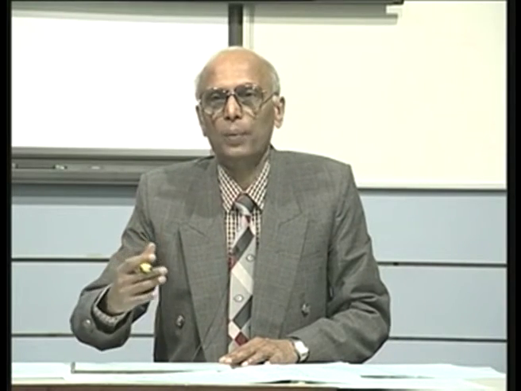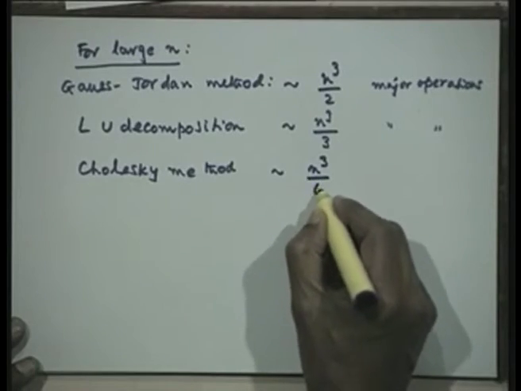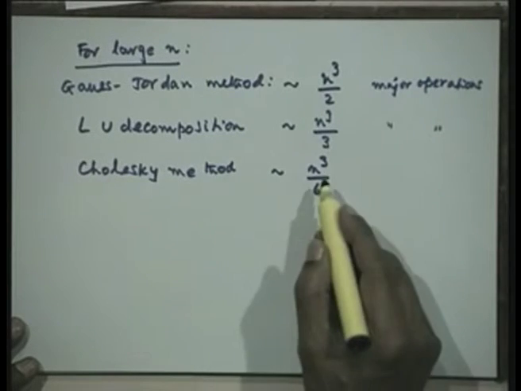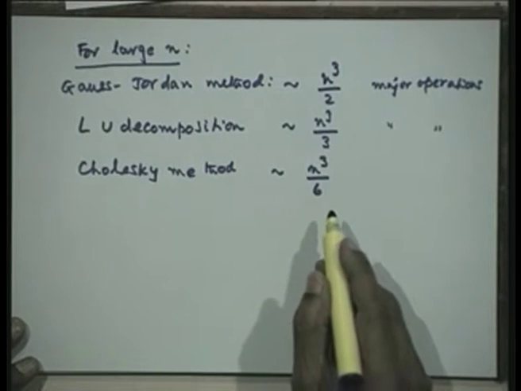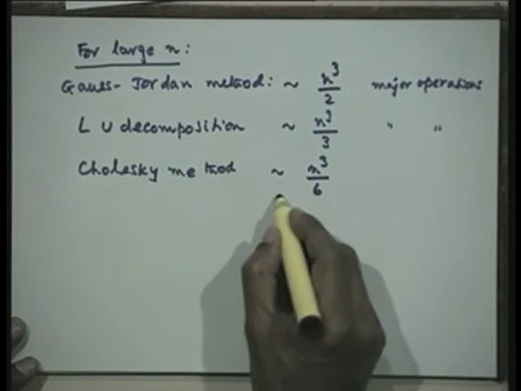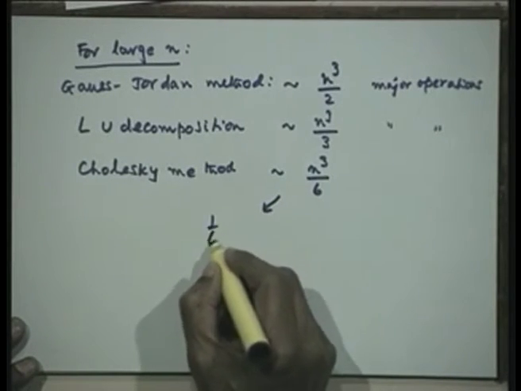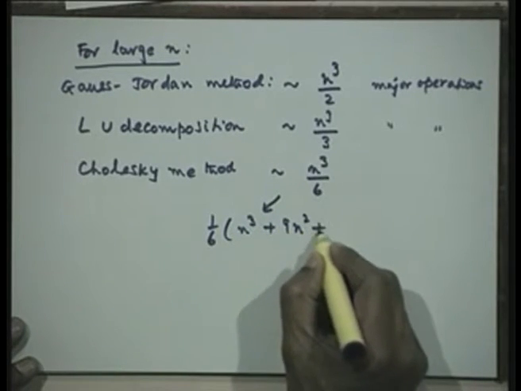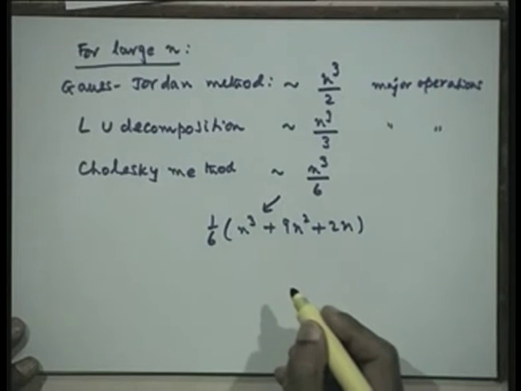Normally, when we do the storage for Cholesky, we store only either the upper triangular part or the lower triangular part and do the operations, and the operations count, n cubed by 6, is almost half of the Gauss elimination procedure, which should be expected. Now, I can give you the exact number for this. This is 1 by 6 of n cubed plus 9 n squared plus 2 n. This is the number of operations.